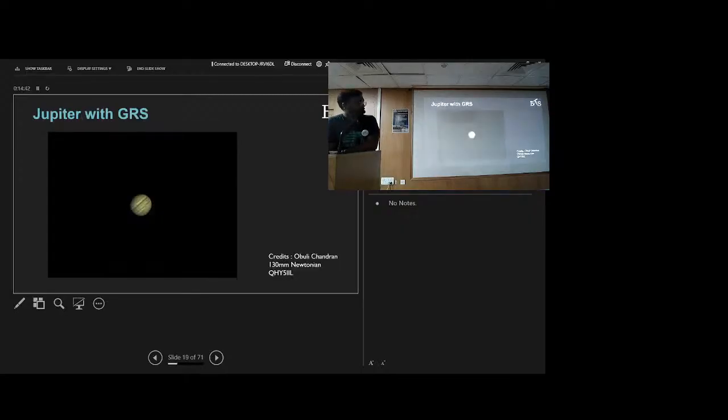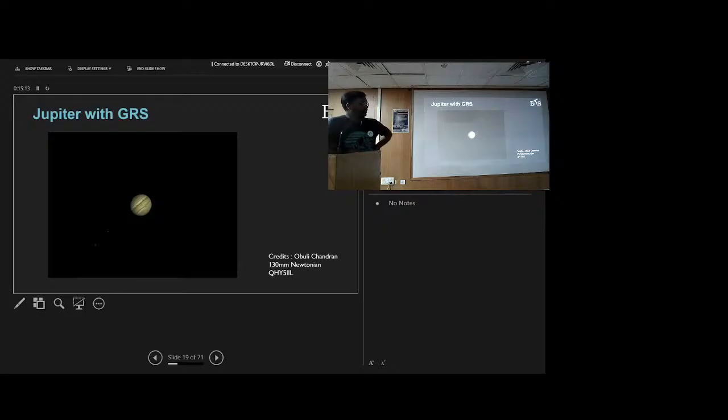Okay, and here is a Jupiter image taken by Raghul using a 130 Newtonian telescope, the 6-inch telescope that Vinay just showed you. It's the same telescope. And QHY5 is the model of the camera that he used. So what all do we see here?